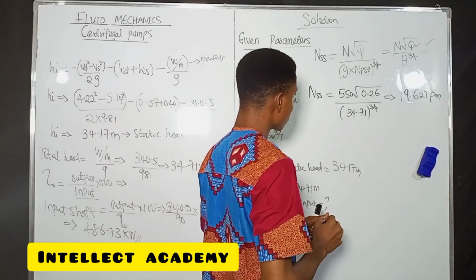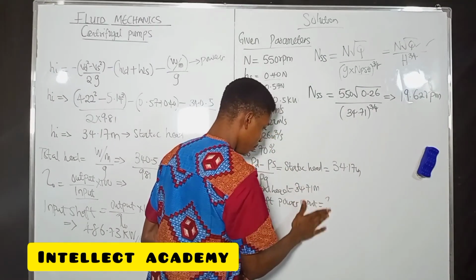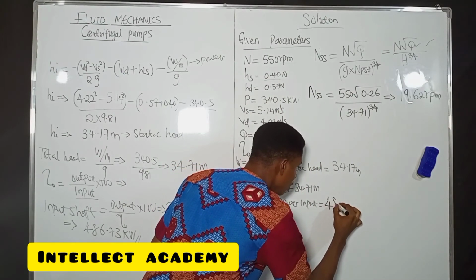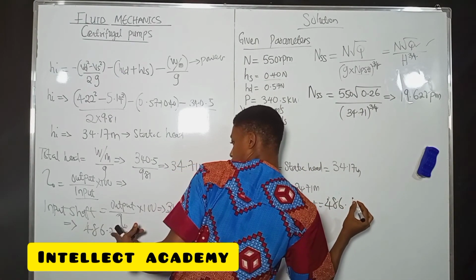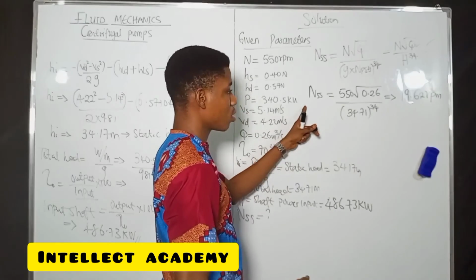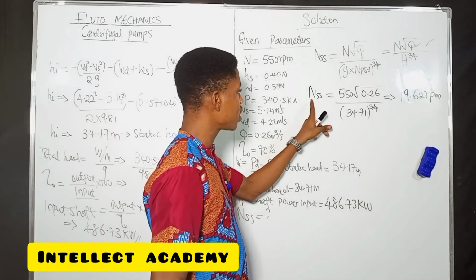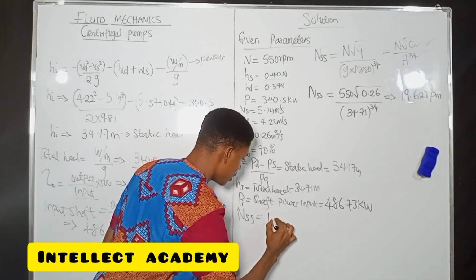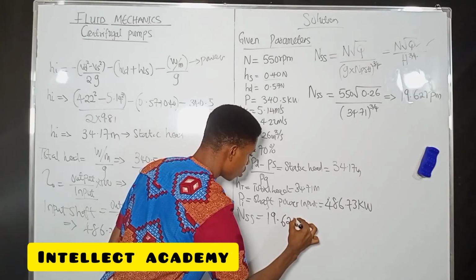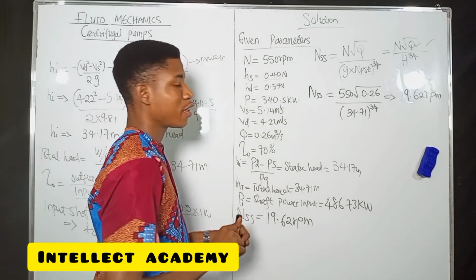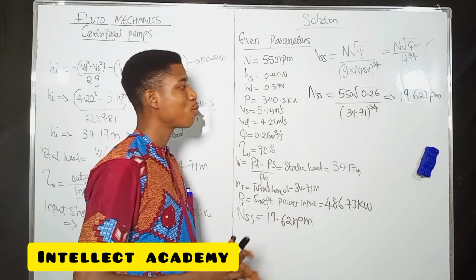So take note that we have calculated the power earlier, and we got the power to be 486.73 kilowatts, and we just calculated the suction specific speed, which is the specific speed. We got this value as 19.62 RPM. So this is all for the sample problem of centrifugal pumps.